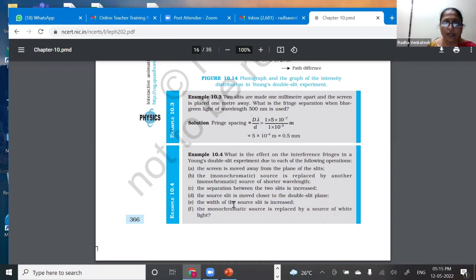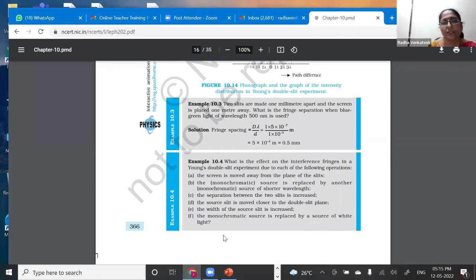The next one says the source slit is moved closer to the double slit plane. You have a source, and from that light comes and makes S1 and S2 the two coherent sources. That is the source we are talking about, S. What happens if that is moved closer? Do we have anything in the formula to tell us that? No. Are you getting me, teachers?